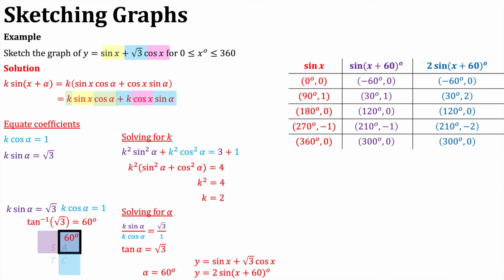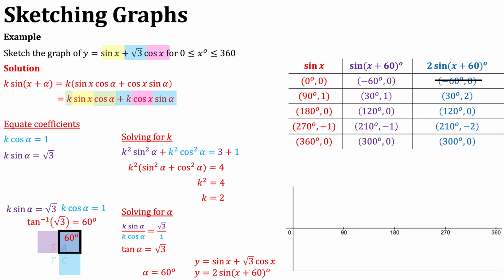So it will be (-60, 0), (30, 2), (120, 0), (210, -2), and (300, 0). Now you can see in the question it asked me to sketch the graph between 0 and 360 degrees, so hopefully you can see that the (-60, 0) is outwith the range that we want to be using.